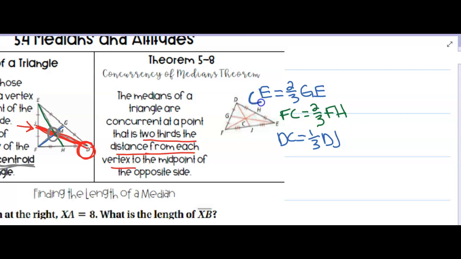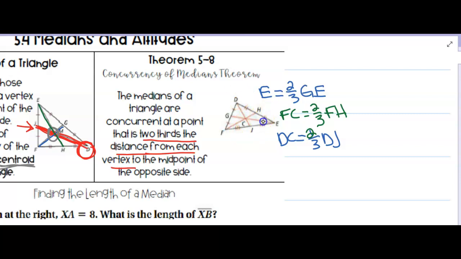So, for example, sometimes we're not given the distance from the vertex to the centroid. Sometimes maybe I'm given the distance from the midpoint to the centroid, okay? So here's the thing. If I'm given this distance, think about this. If this distance is 2/3 the entire distance, what's left right here is going to be 1/3 of that entire distance.